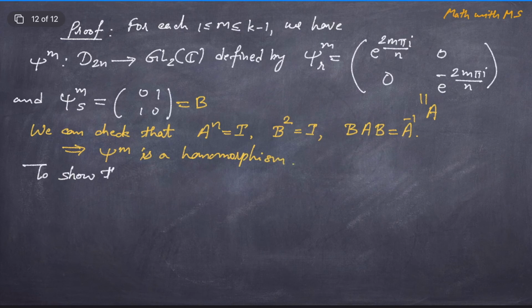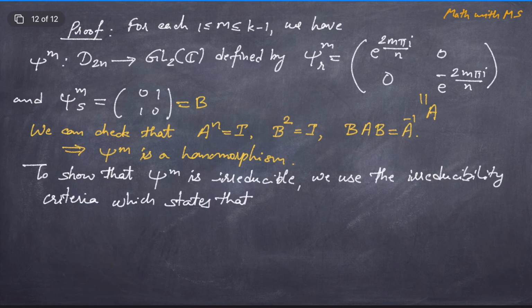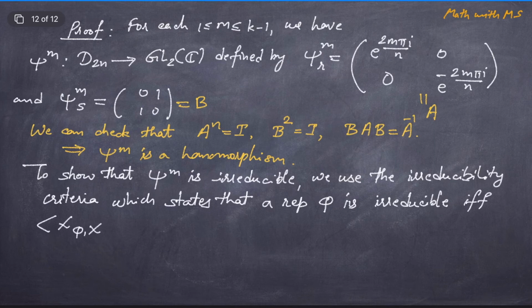To show that psi m is irreducible, we will use the irreducibility criterion: a representation phi is irreducible if and only if the inner product of its character with itself is 1.